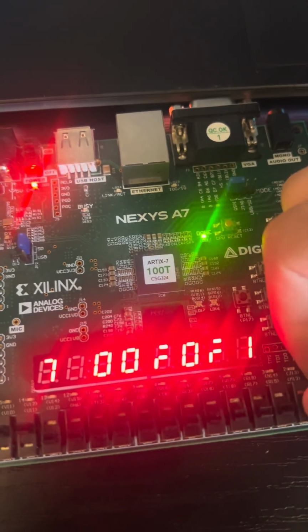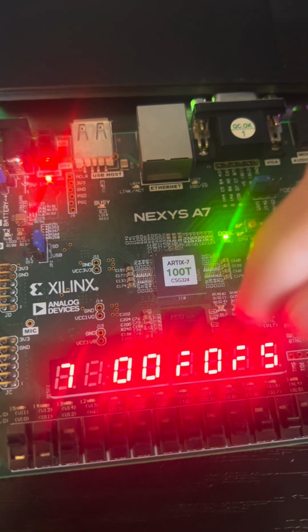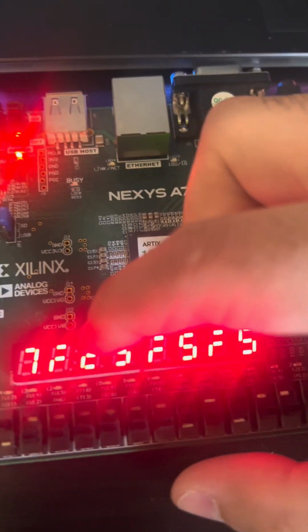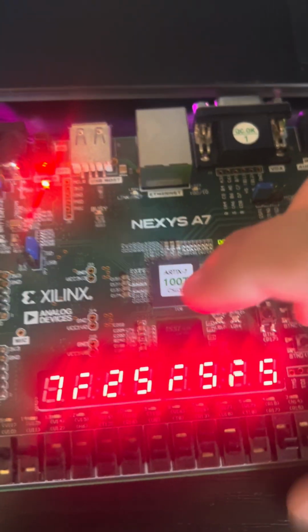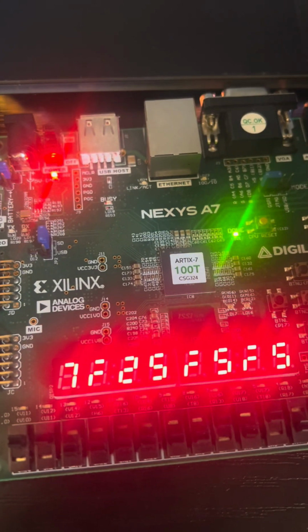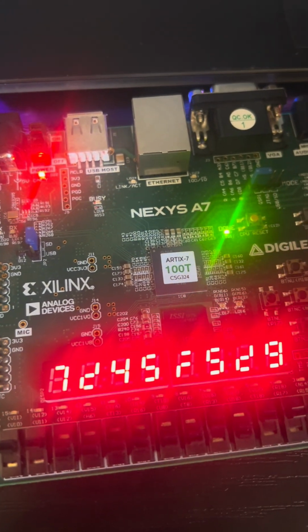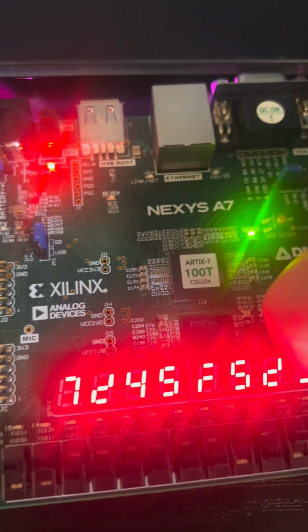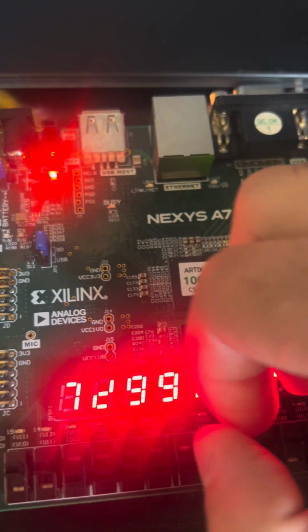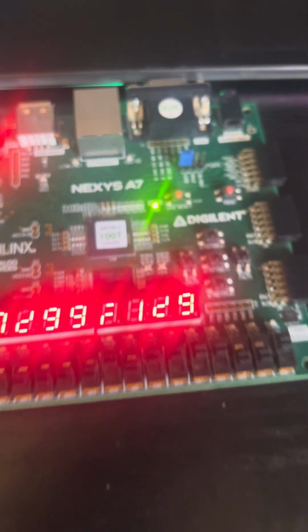Let's do 5 as A, and here, 5 times 5 is 25, all positive. Let's do negative 9 now. This is negative 9 times 11, so that'll be negative 99.